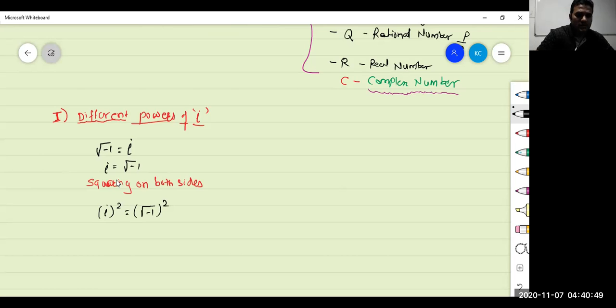That is, i square equal to what? -1. i square equal to -1.